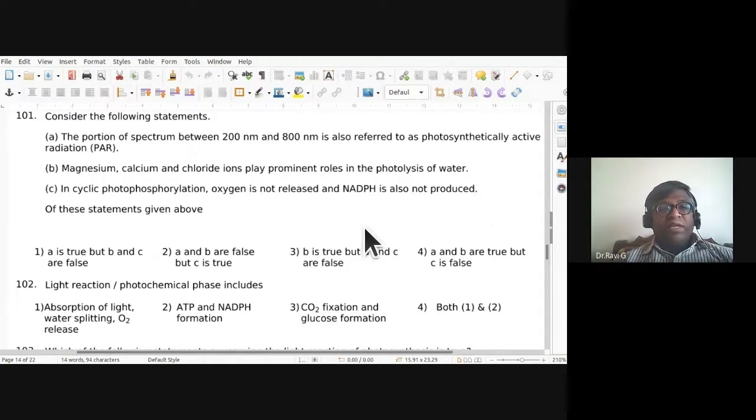Of these statements, which are the true and false statements they have asked about? So A and B are false, but C is true. So this is the correct option.